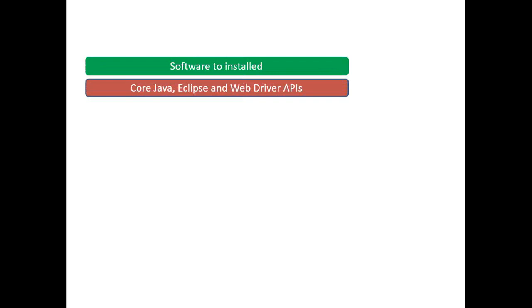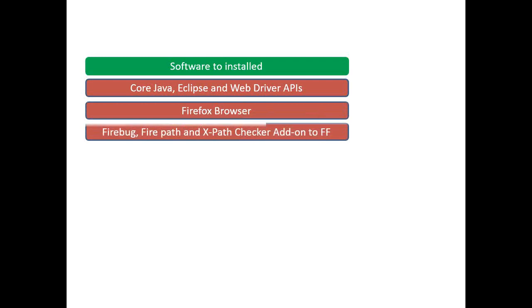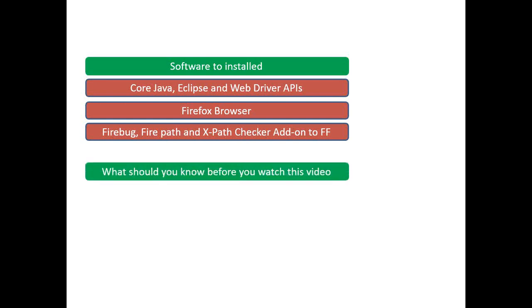Eclipse should be there, and WebDriver APIs must be integrated or added to Eclipse as external jar files. Firefox browser should be there in your system, and for that browser you should have Firebug, Firepath and XPath checker as add-ons to the Firefox browser.